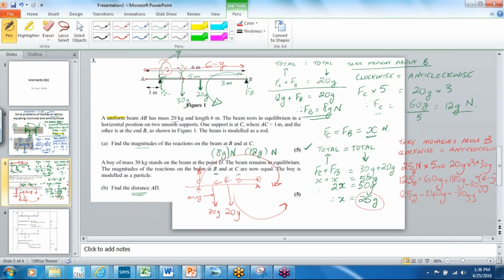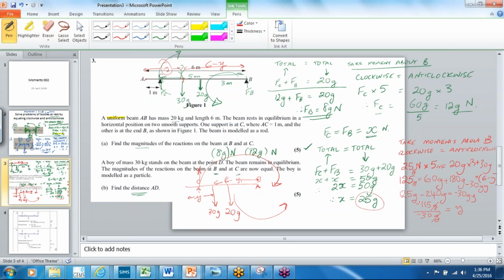And that leaves negative 115G divided by negative 30G equals y.